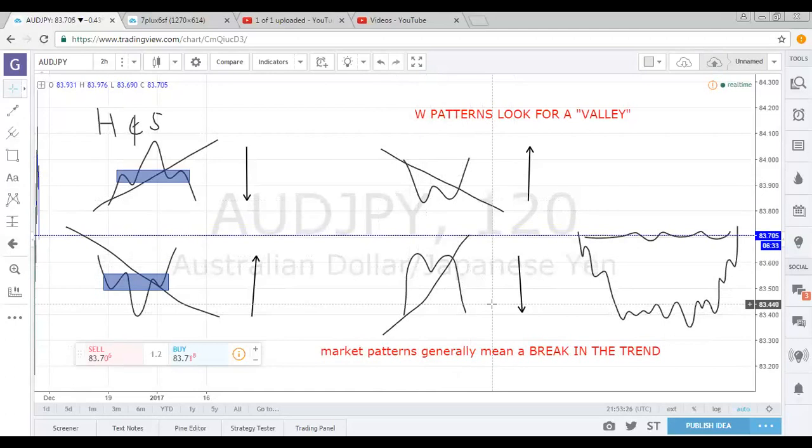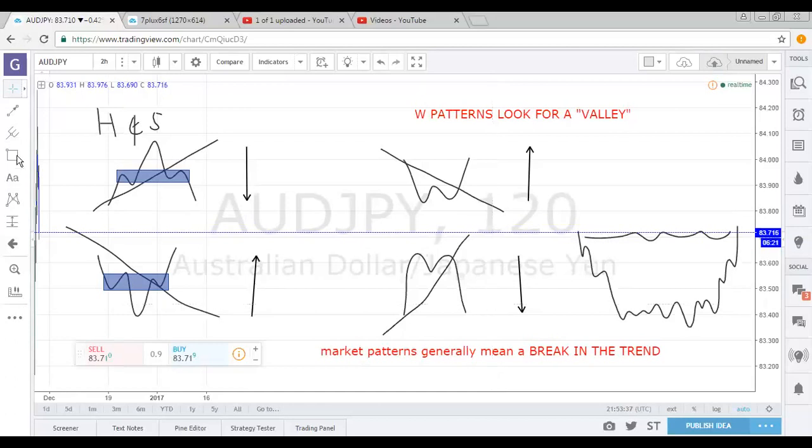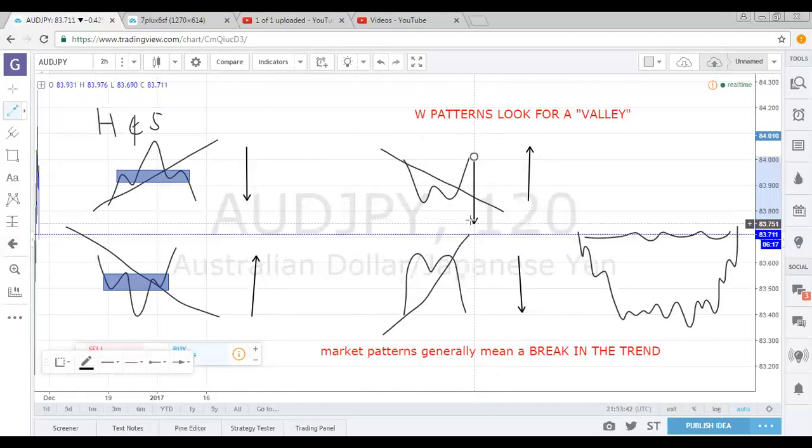Just from experience, I've seen so many things happen, because usually with the double bottom, I think it's a break to the uptrend. But sometimes the W will just go straight down, and then create a lower low. That's how the market is.